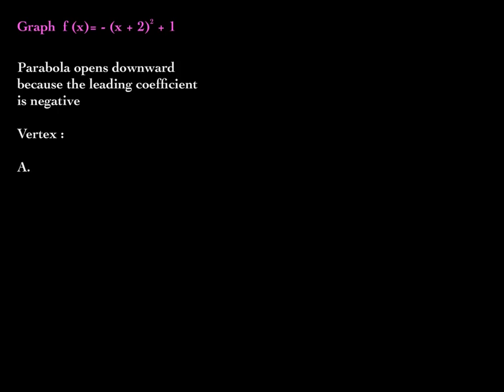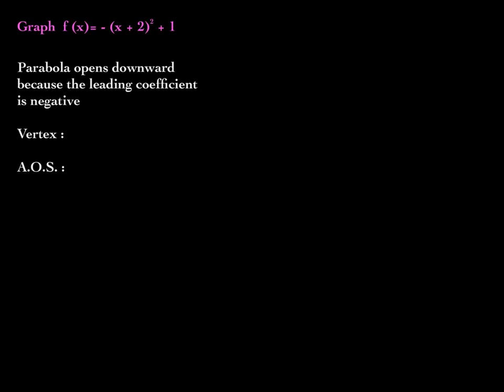Because this function is written in this particular form, we know what the vertex is. The vertex is (h, k). Do you remember what I said about identifying h correctly? Take the opposite of what you see. So you see x plus 2, therefore your h value is -2. Be careful there.